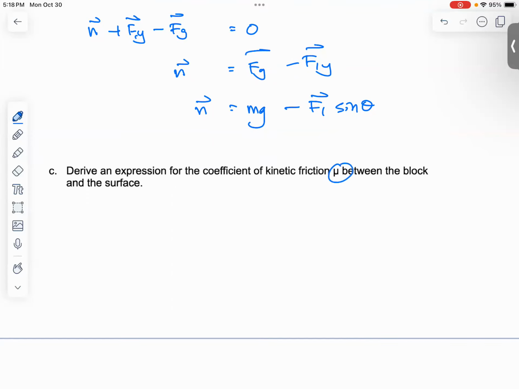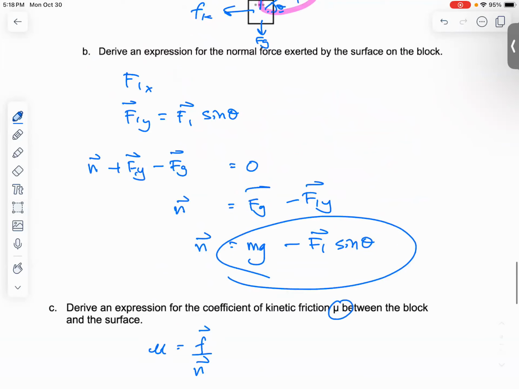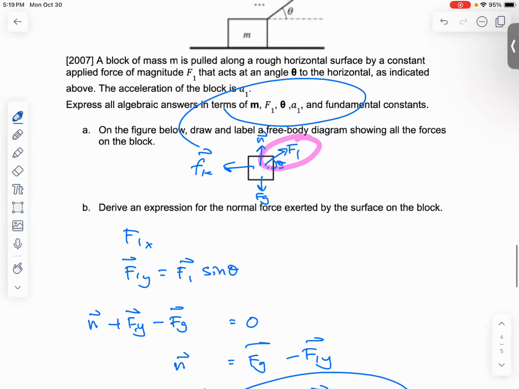So if you want to find out the mu, mu can only be found if you have the friction over the normal force. Now, we've got the normal force up there already. So the question is, how are we going to find out the friction force?